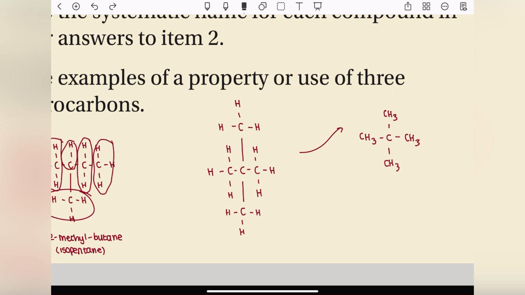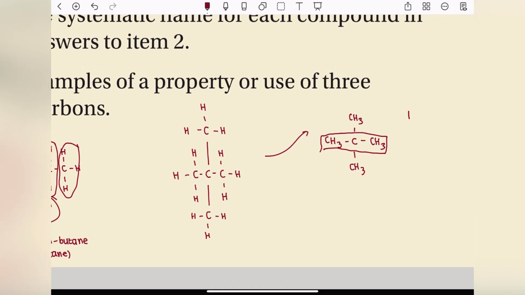Now let's name this compound. The parent hydrocarbon could be either this or that, no difference. Either way, the parent hydrocarbon will have 3 carbon atoms, which will give the prefix prop. And then ane will come from the fact that we're dealing with an alkane again. Now we have 2 alkyl groups, and they're both methyl groups.